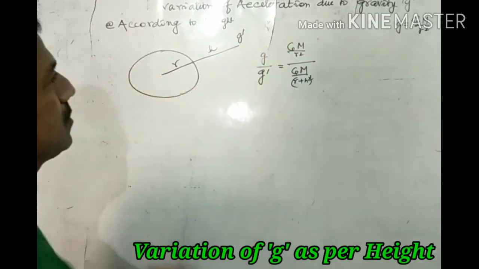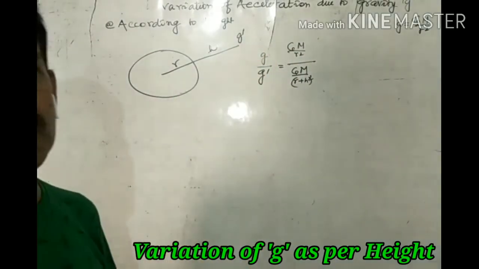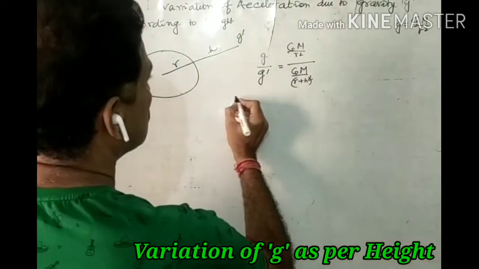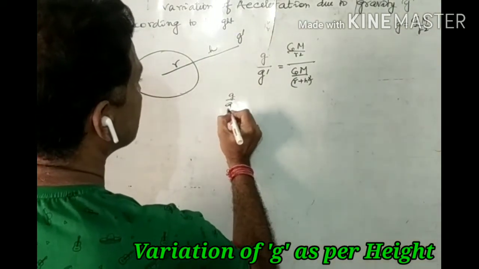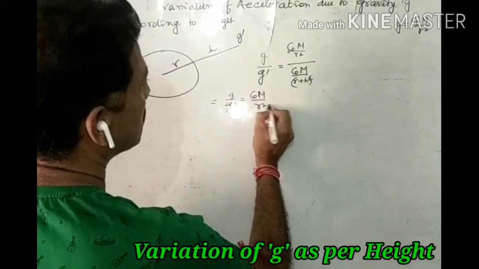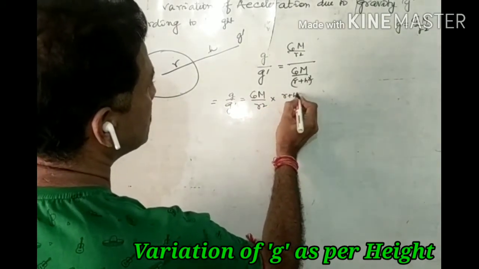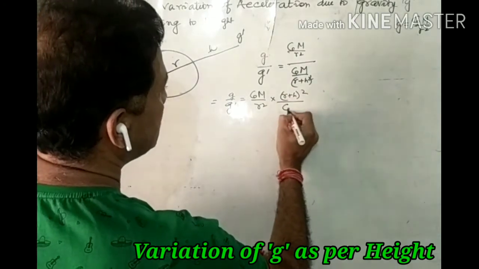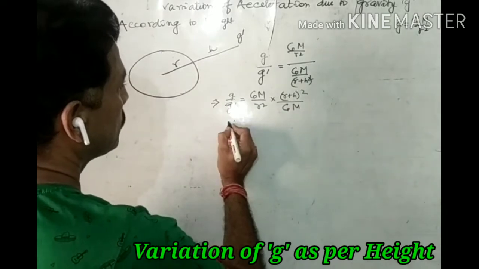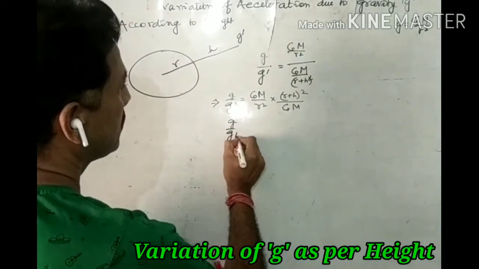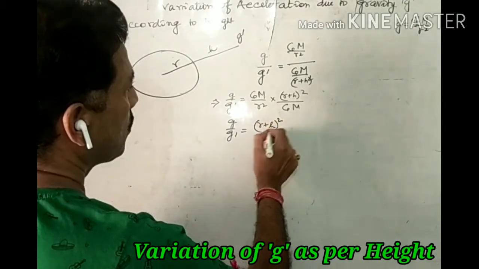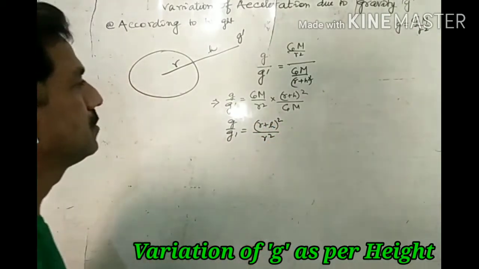Total distance will be R plus h, radius of the Earth plus height. So g by g dash will be equals to GM by R square into (R plus h) square by GM. G cancel. So g by g dash will be equals to (R plus h) square by R square.